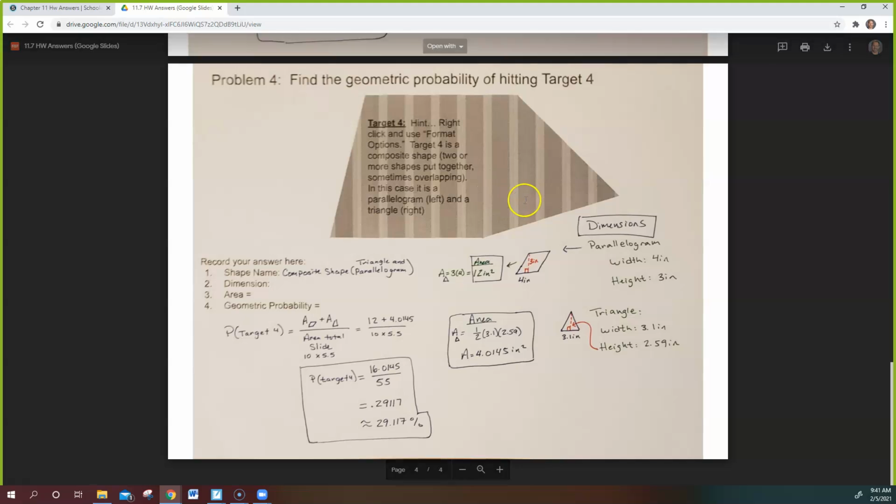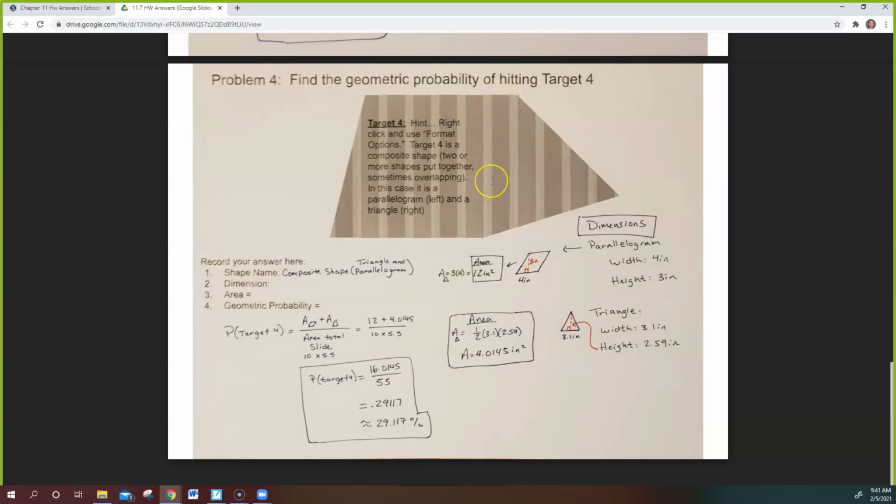Okay? The one that I was kind of thinking students might struggle with was this one here. This was the one where if you were to separate the two, you would have a parallelogram and then a triangle. And I calculated each one of those differently. So the parallelogram was 4 inches by 3 inches, and that area is 12. And then I calculated the area of the triangle, which was touching it.